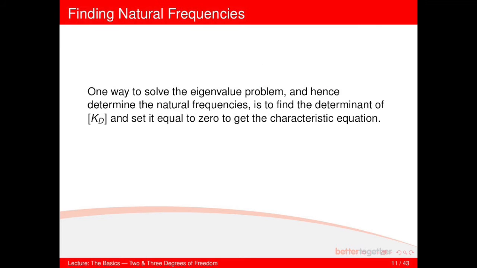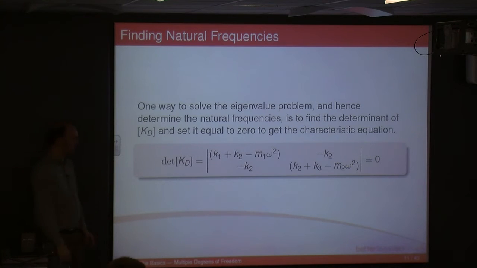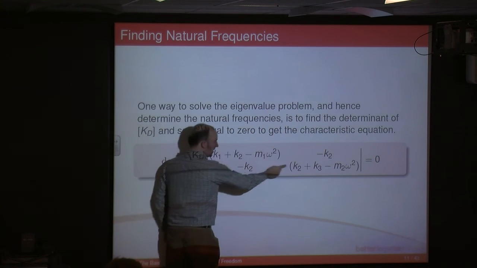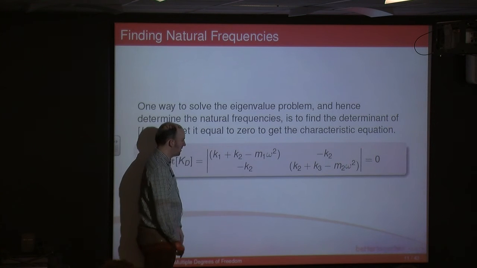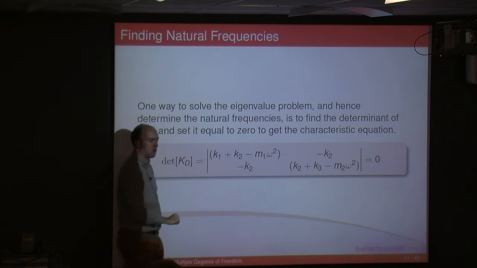So to solve the eigenvalue problem and find the natural frequencies, you have to take the determinant of that matrix. Now, the determinant of a 2 by 2 matrix, you should know: you take the diagonals and multiply them together, and then you take the other diagonals and subtract them multiplied together.